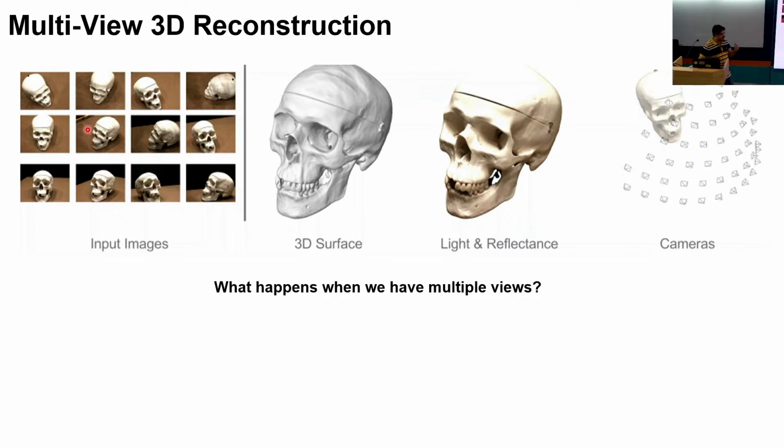And what exactly do you want to achieve from it? You want to get the surface, that is the mesh. You want to get how light is falling onto this geometry and how it is reflecting back. And there is another problem that you also want to localize the cameras, right? Because you don't have the camera information here.